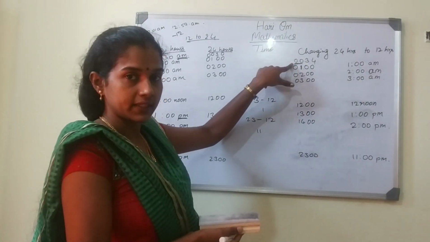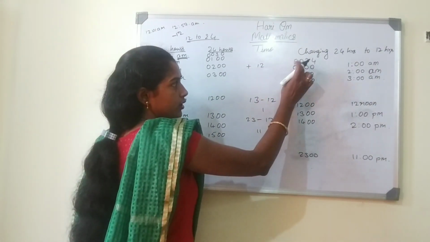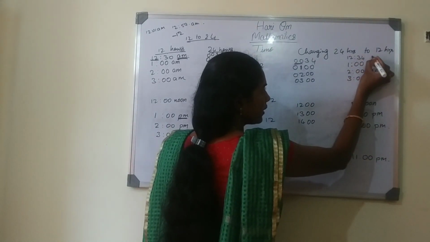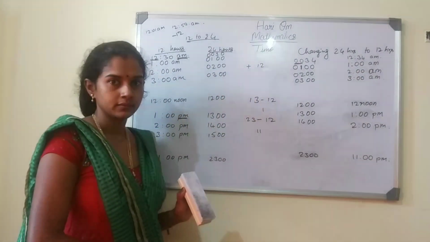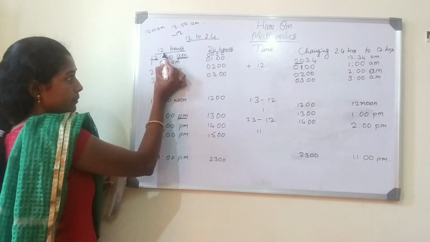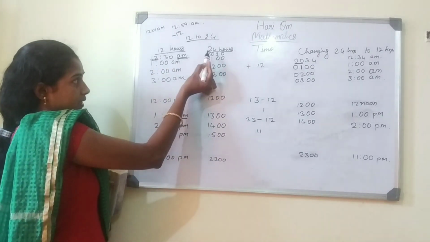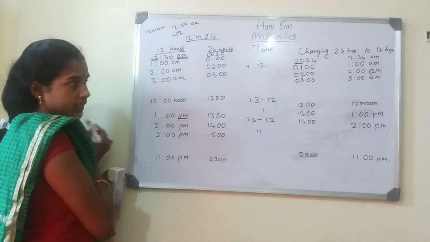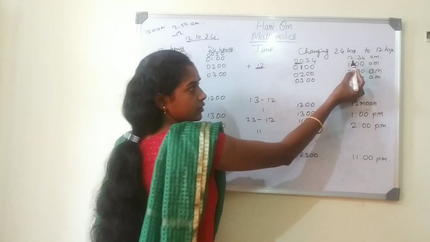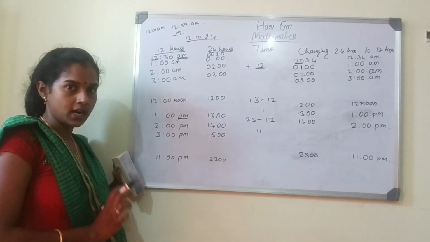So 00:34 becomes 12:34 a.m. But if it is 12, when changing from 24 hours to 12 hours, we are going to subtract. Here, if it is 00, then we are going to add 12. So it will be 12:34, 12 o'clock, 34 minutes. Understood, children?